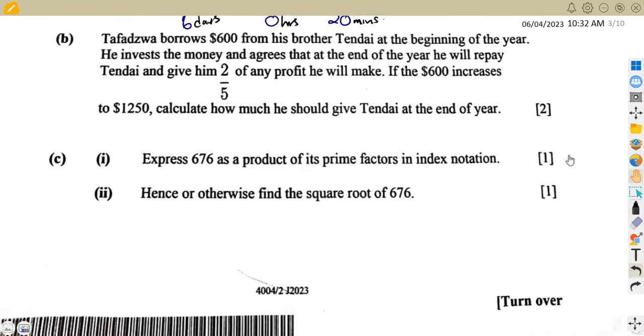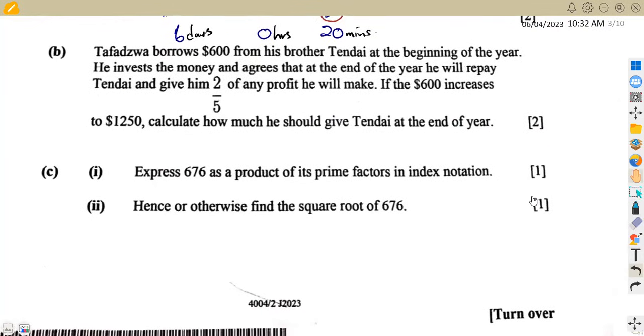Then the B part, this is just like those direct questions that you send on WhatsApp, like a quiz, because here we are given that Tafadzwa borrows $600 from his brother Tendai at the beginning of the year.